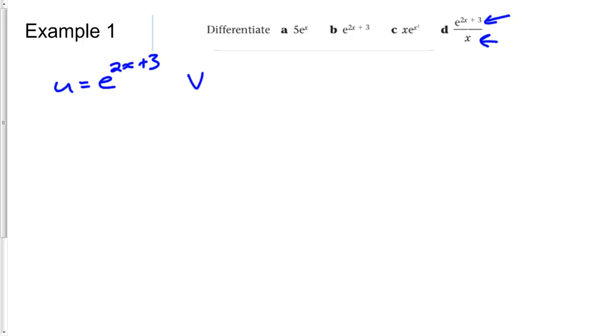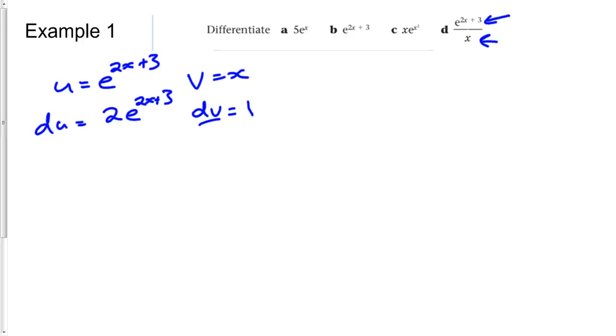And we've got v, which in this case is just x. So du equals e to the 2x plus 3. Of course, we've got to differentiate that, then bring it down. So if we differentiate 2x plus 3, we just get 2. If we differentiate v, we get 1.